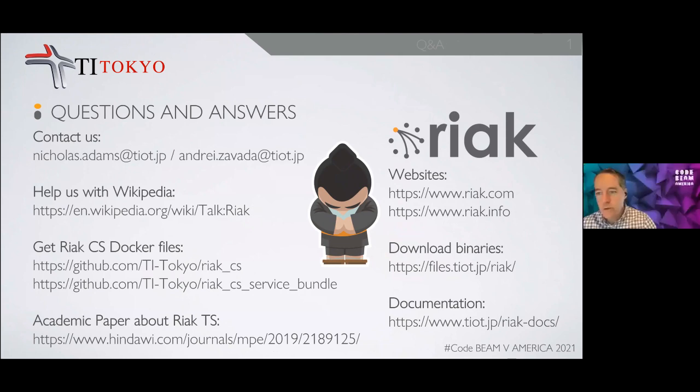We just had one question in the app, and it said, it's a newbie question. Is Riak agnostic to the OTP and Erlang version it runs on? There is a minimum requirement, if memory serves.